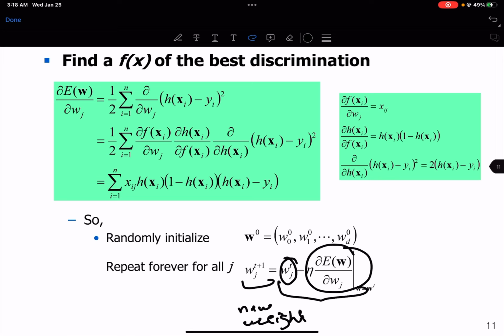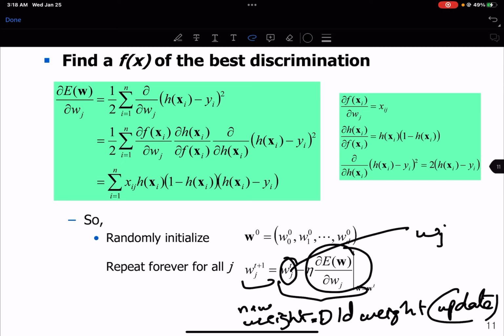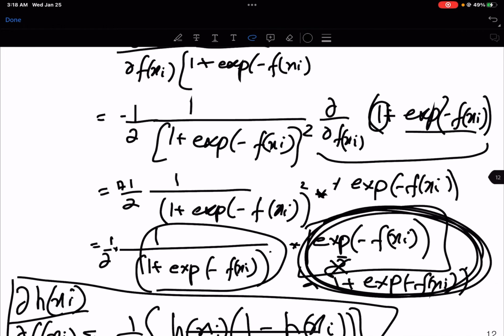This is your new weight, and this part of the equation is the update of your old weight. And what is your old weight? wj at time t. What is your new weight? wj at time t plus 1.